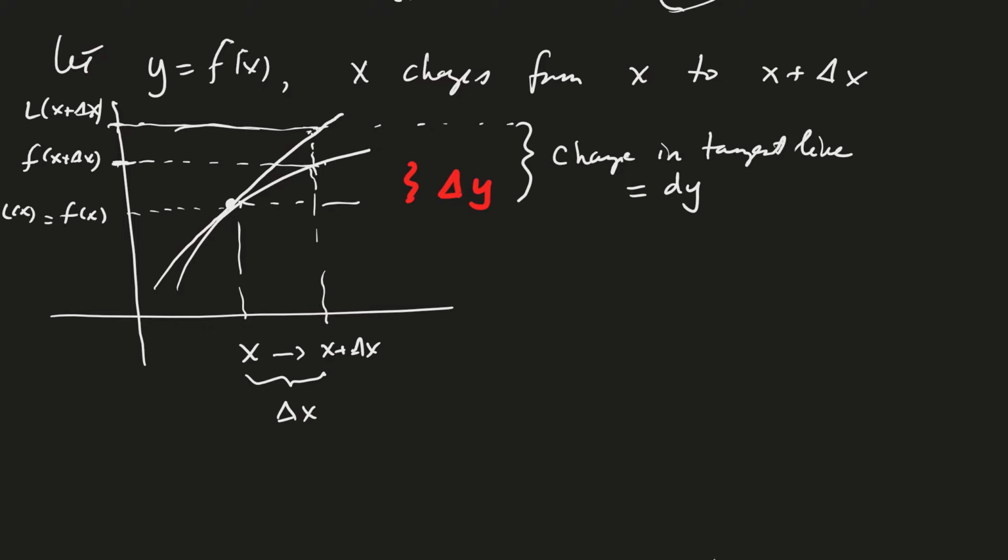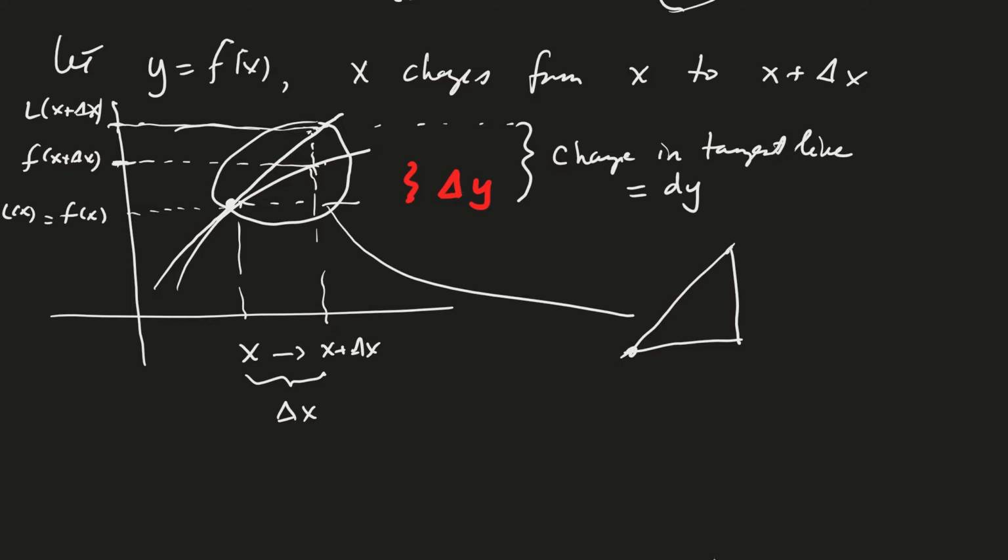Okay, and so we could probably see that, right? So how do you define the slope of a line here? I'm just taking this triangle right here and rewriting it over here. So this is my line here, and the slope at this point is f prime of x. That's equal to rise over run, right?